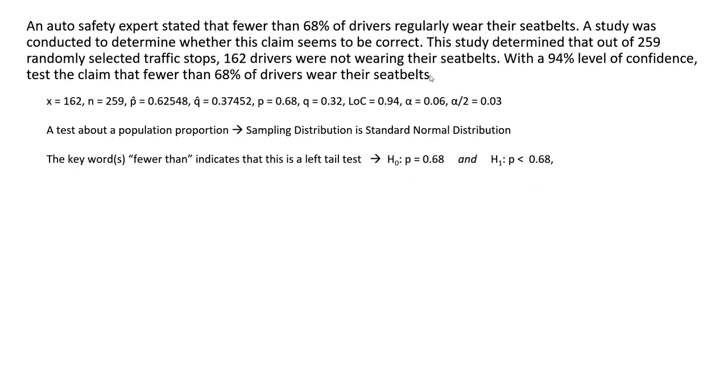The keywords fewer than indicate that this is a left-tail test, with my null hypothesis being p equals 0.68, because 0.68 is truth, unless this little study tells us otherwise. And my alternate hypothesis is p is less than 0.68, and we use less than because it is a left-tail test. We know our critical value is approximately negative 1.555.